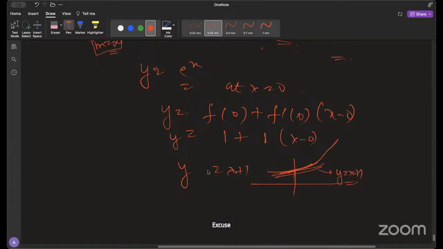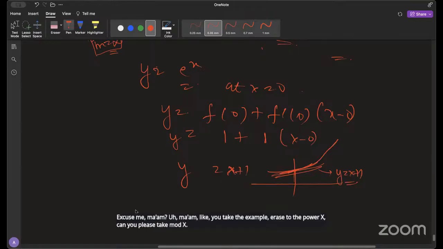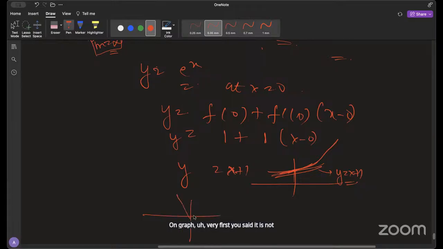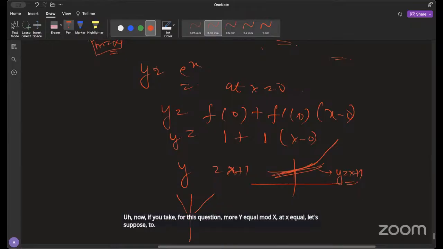Excuse me, ma'am. You take the example e raised to the power x. Can you please take mod x on graph? Very first you said it is not differentiable. Now if you take mod y equal mod x at x equal to 0, it will show does not exist.